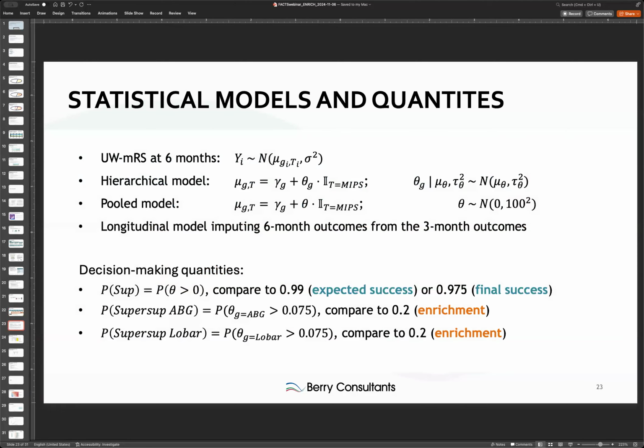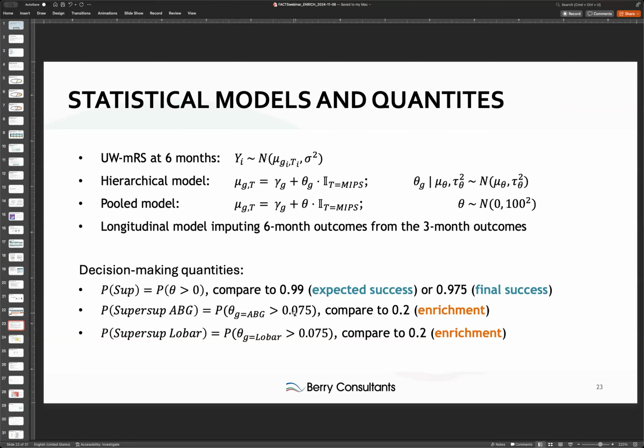So success decisions are based on this across group theta, because that's what our primary analysis is based on, the pooled across group data. When we're making decisions to stop a certain location for futility, this is our enrichment, we want to use the group specific thetas. This comes from the hierarchical interim model. And what we want to ask about these group specific thetas is about the posterior probability that we observe some clinically meaningful benefit in the subgroup.